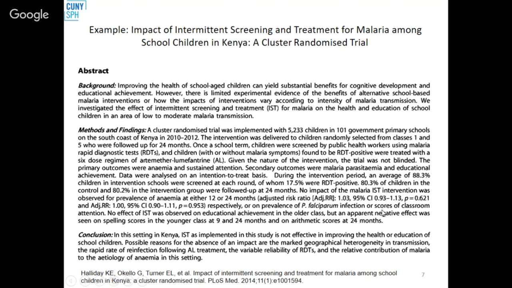So the confidence interval gives you your plausible 95% interval for this risk ratio being between 0.93 and 1.13, and a p-value gives you a test against the null hypothesis that the treatment has no effect.